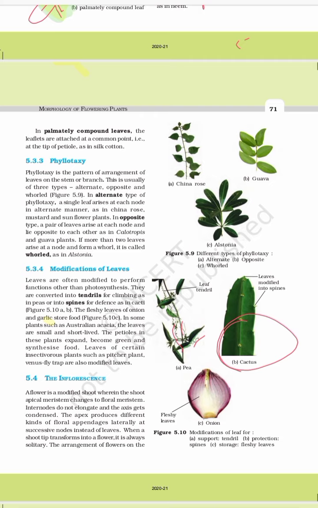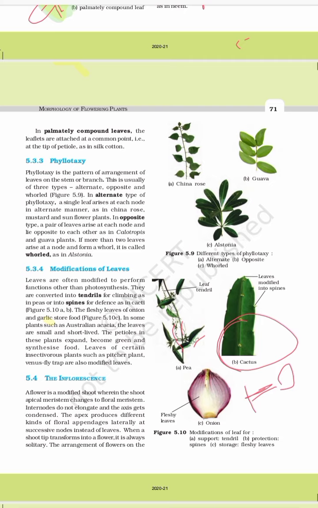Phyllodes means the petioles form a leaf-like structure, right? In phyllodes, the petiole itself makes a leaf-like structure.